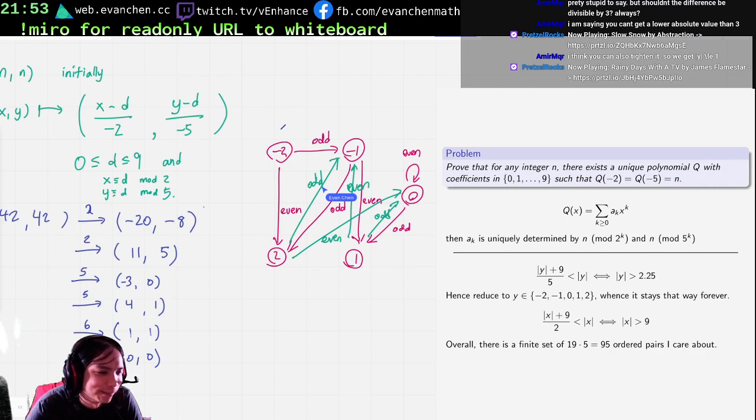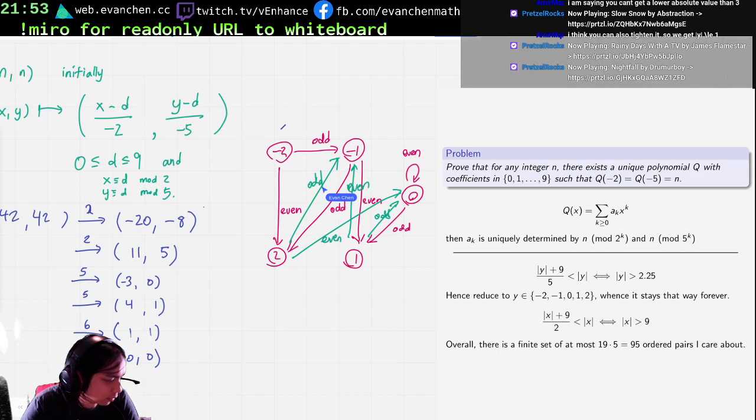But basically I want to show these all get to 0, 0, 0. That's the end goal. And it's a finite set, so I should just be able to check it, right?